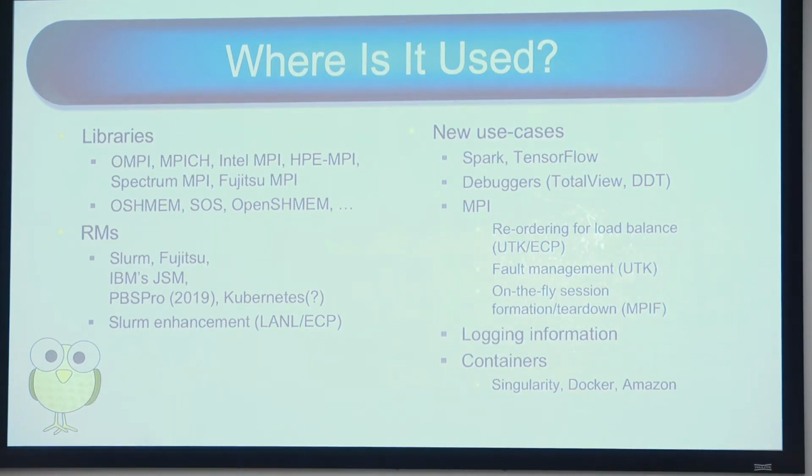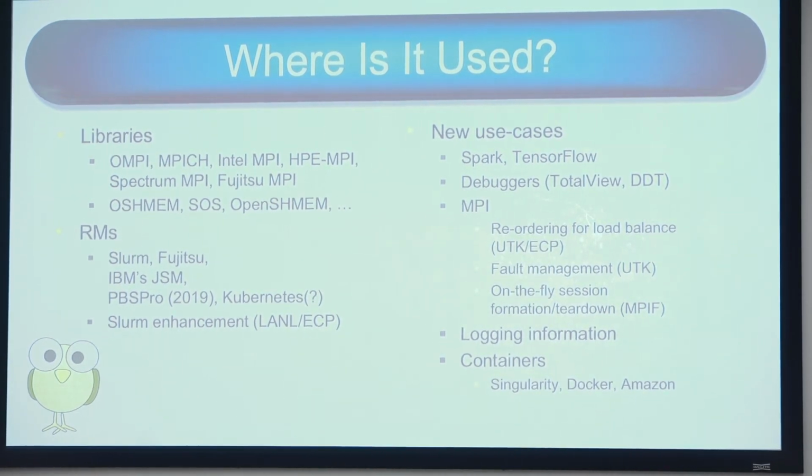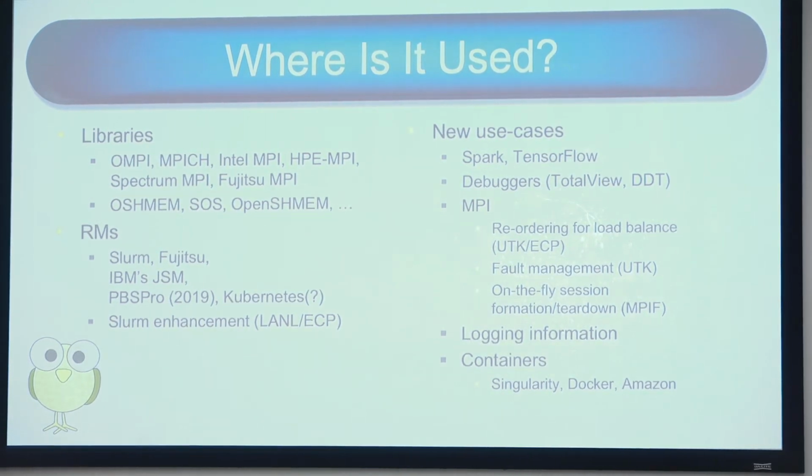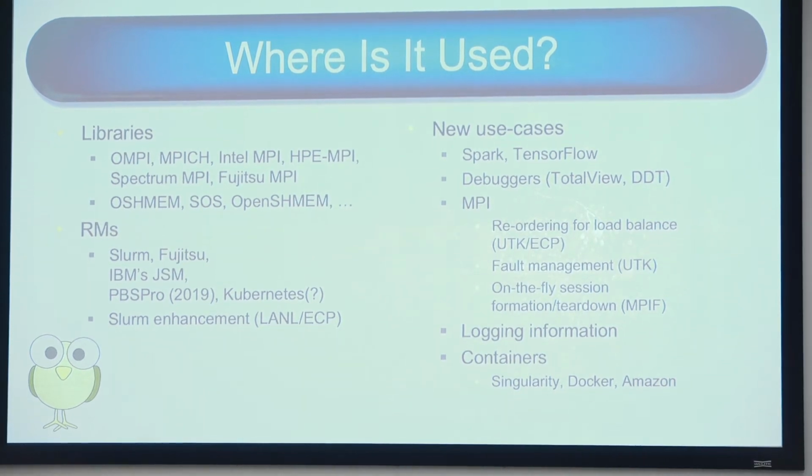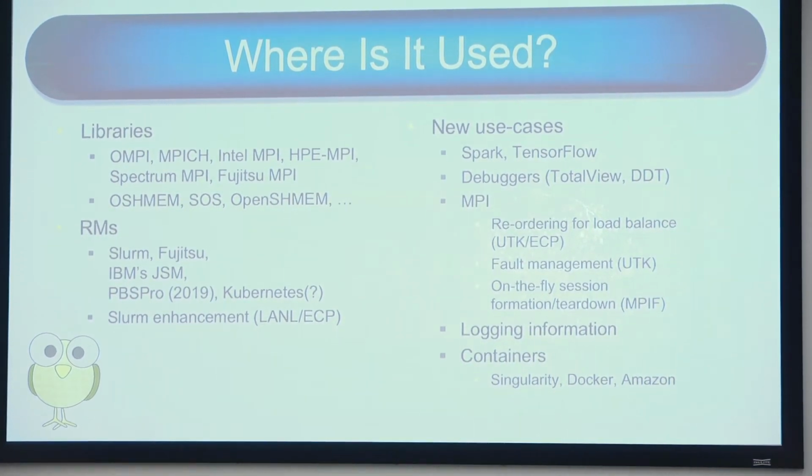We've got people integrating it into Spark and TensorFlow. The debugger guys are actively working now to get their tools built into it, et cetera. So there's been a lot of adoption of this. And you're seeing it in the containers as well, as Greg was mentioning. The MPI containers, OpenMPI in particular, we integrated with Singularity back at the beginning, Singularity 1.0, and that uses a PMIx interface.